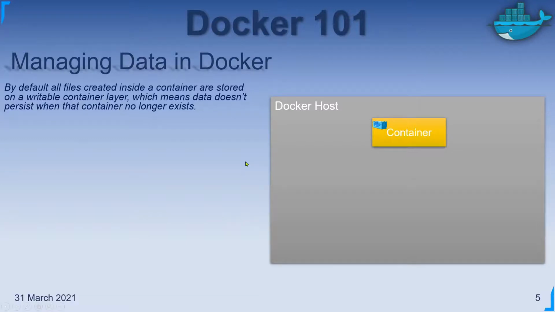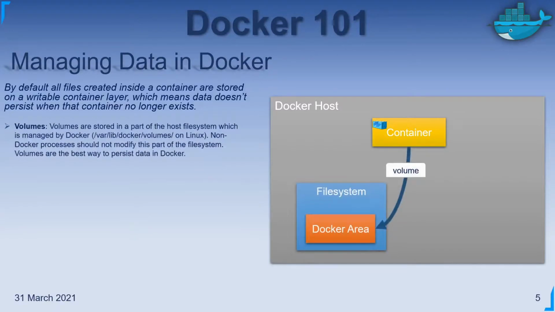To persist the data, Docker provides two options. One is volumes. Volumes are the most efficient and the recommended way to persist the data. The data resides within the Docker area within the file system. That means the container does not have access to the host file system.